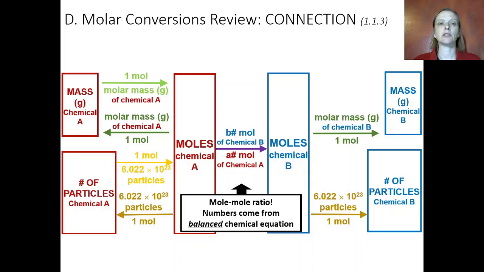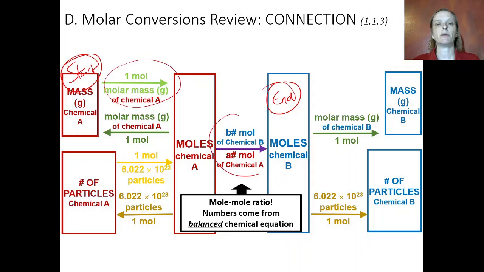Again, let's look at where I'm starting. I'm starting here with grams of oxygen, and I'm ending here with moles of a different substance, mercury(II) oxide. Therefore, this is going to be a two-step process.